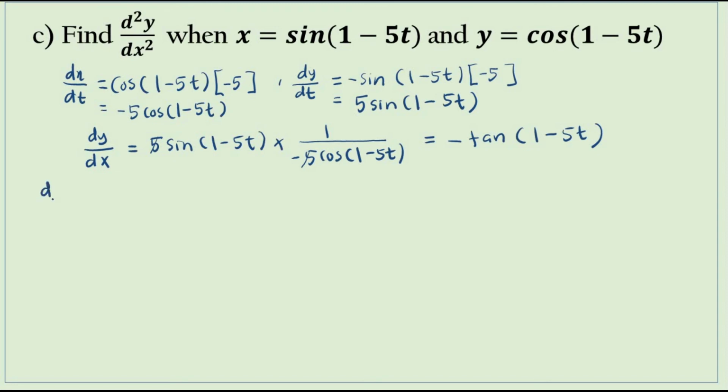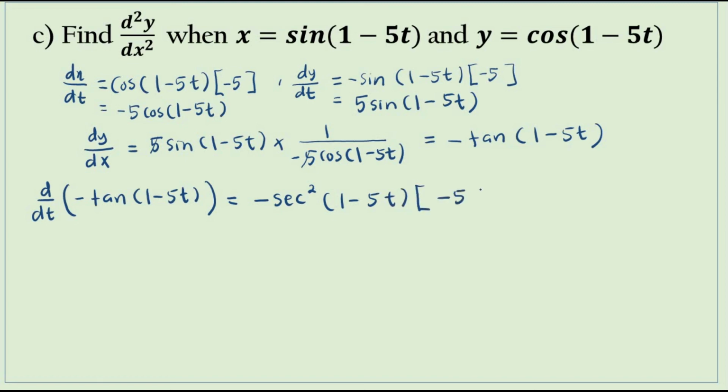Now we differentiate our dy/dx once again, so d/dt of negative tangent of (1 minus 5t). Here the derivative of tangent is secant squared of (1 minus 5t), and once again don't forget to differentiate what's inside the bracket; we get negative 5. So this simplifies to 5 secant squared of (1 minus 5t).